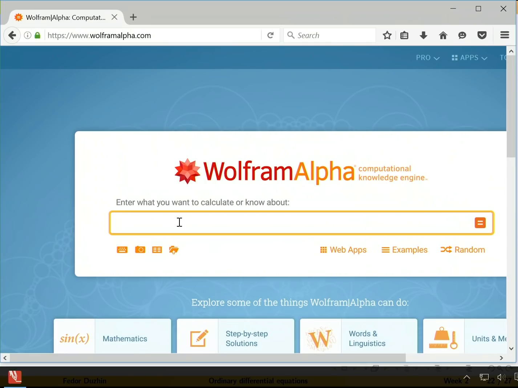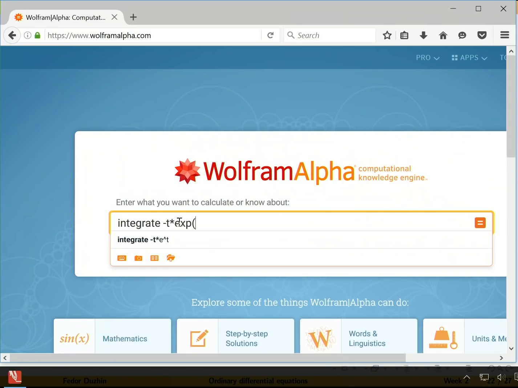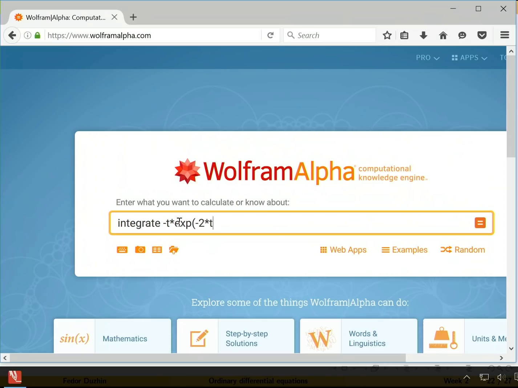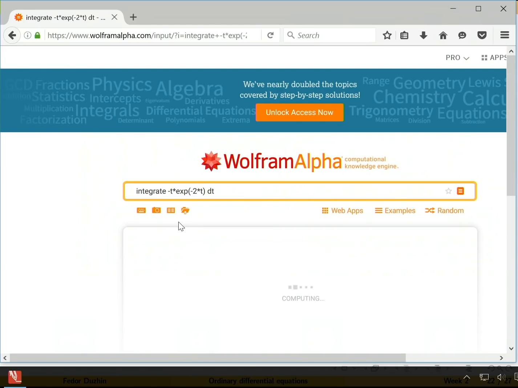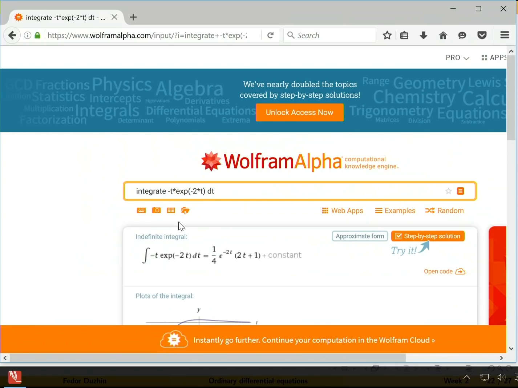So integrate minus t times e to the minus 2t. I recommend that if you are sure that you are not going to make stupid mistakes in integration by parts, if you don't need any extra practice, then you just skip it whenever you do homework, and you can just compute it in Wolfram Alpha. So here is the answer.